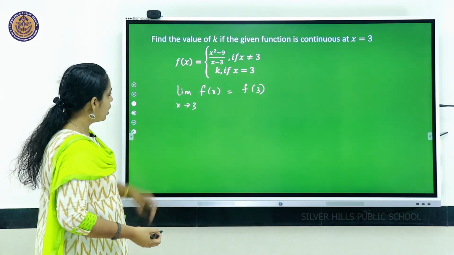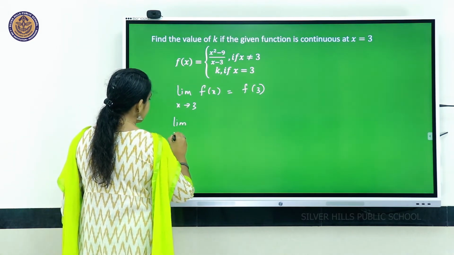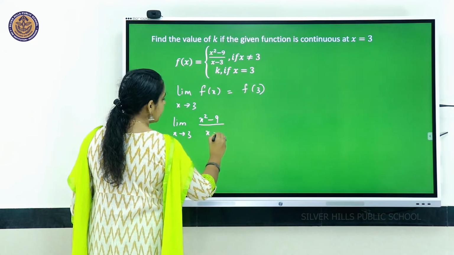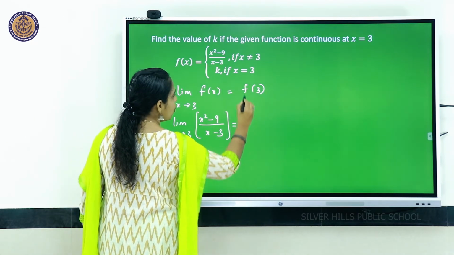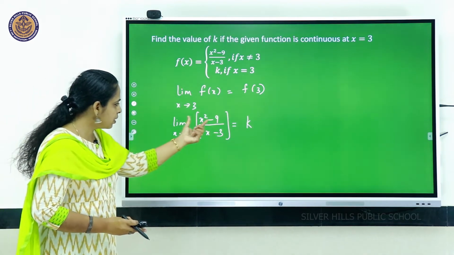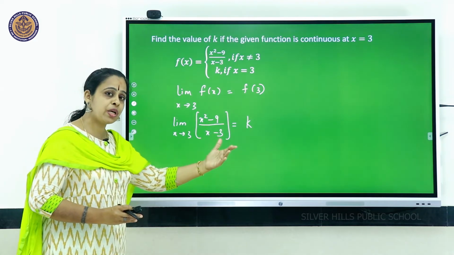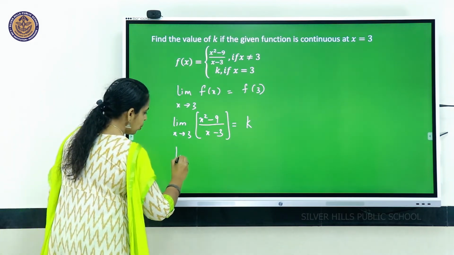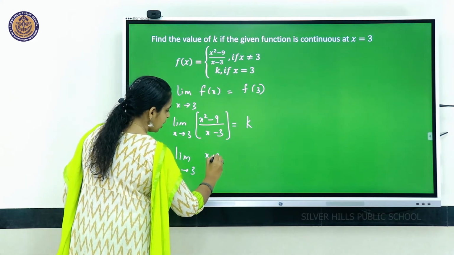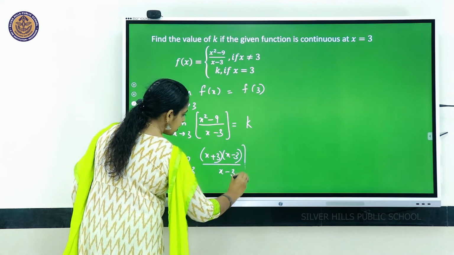Correct? So limit x tending to 3, x square minus 9 divided by x minus 3 equal to f of 3, which is equal to k. Look at this function, can we factorize? It is a square minus b square form, correct? It is a plus b into a minus b. So limit x tending to 3, x plus 3 into x minus 3 divided by x minus 3.